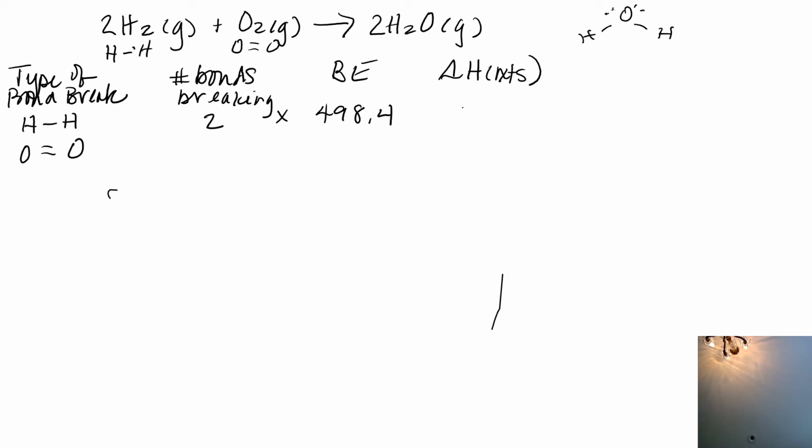Okay, I went and grabbed my calculator. I've obviously made some marks here that don't belong. So I did go ahead and multiply that. This is 996.8 kilojoules. For the O2, we only have 1 mole of those bonds. And the bond enthalpy for that, breaking that double bond, is 498.7. Well, heck, I did have the wrong number there.